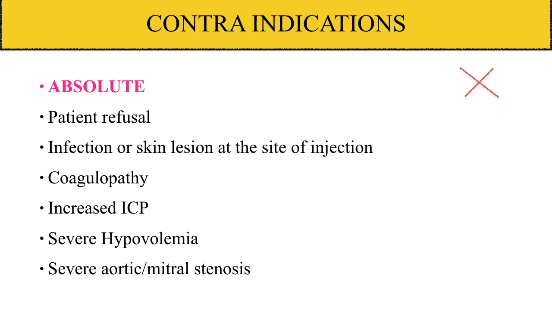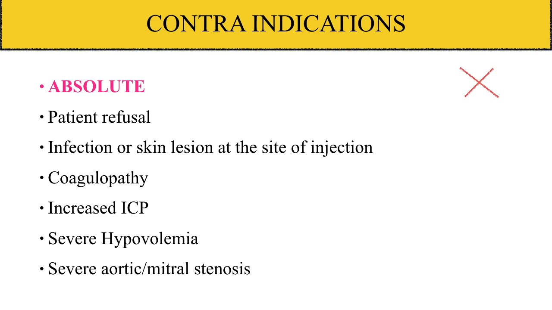We may not be able to seal the meningeal injury at that time, so the CSF may keep on leaking. To overcome that problem, spinal anesthesia is avoided in case of increased ICP.